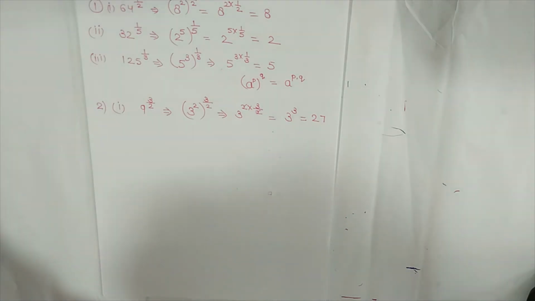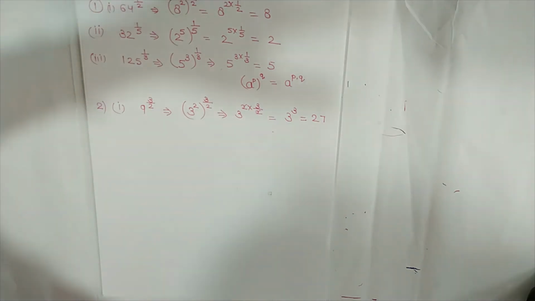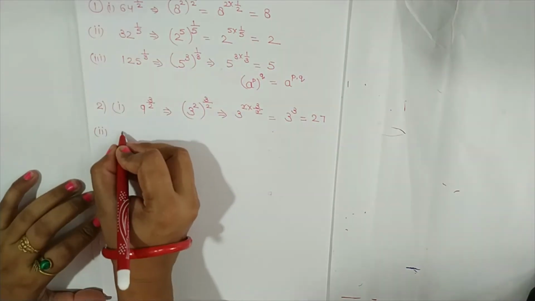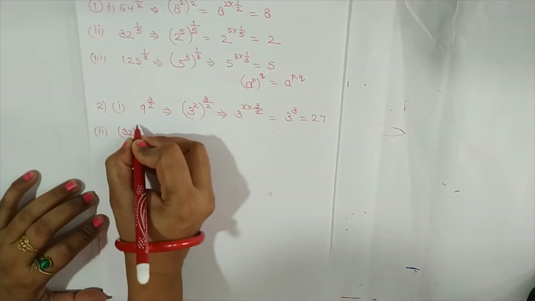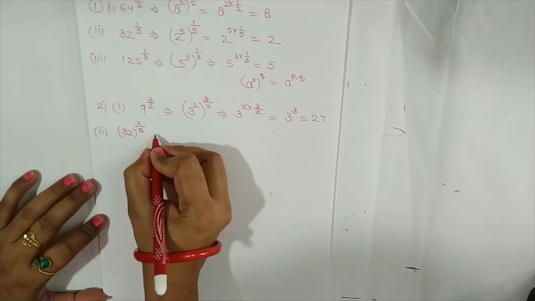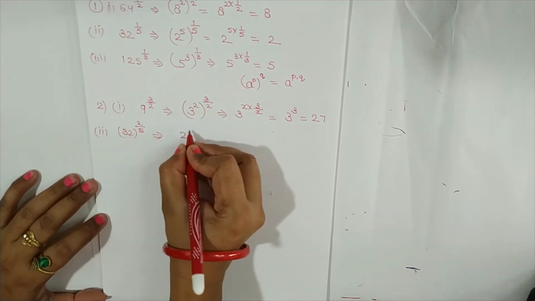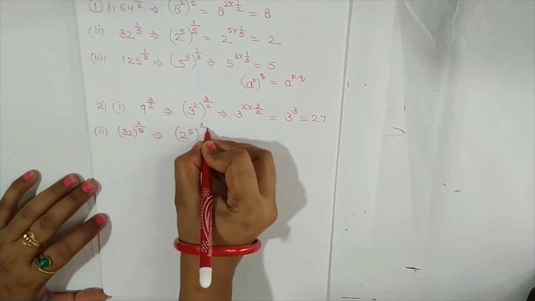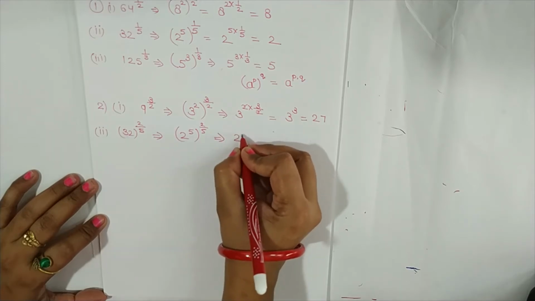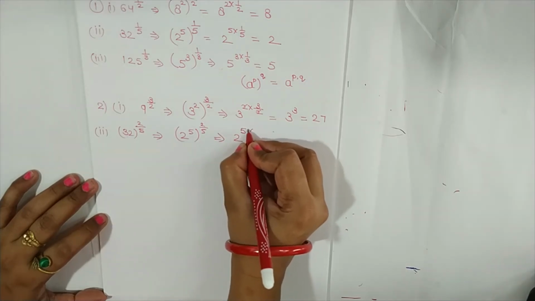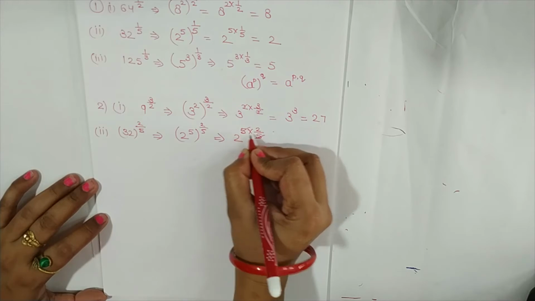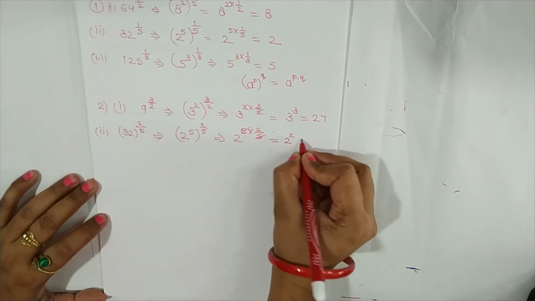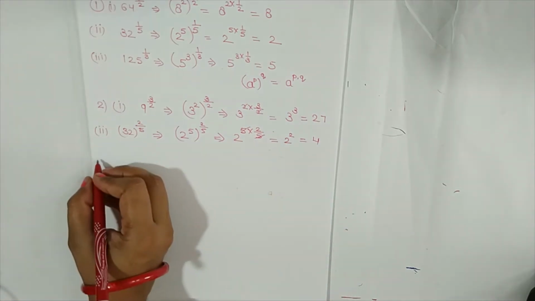Next question, 32 to the power 2 by 5. It can be written as 2 to the power 5, the whole power 2 upon 5. Now it becomes 2 to the power 5 into 2 upon 5. Now 5 and 5 cancel, so 2 to the power 2, so the answer is 4.